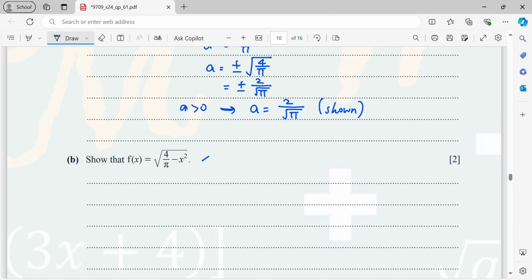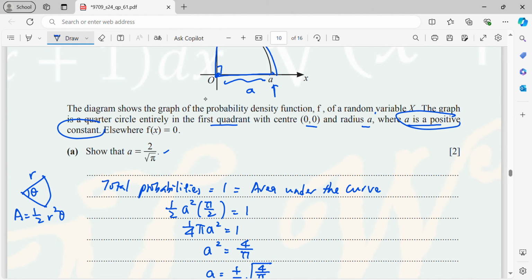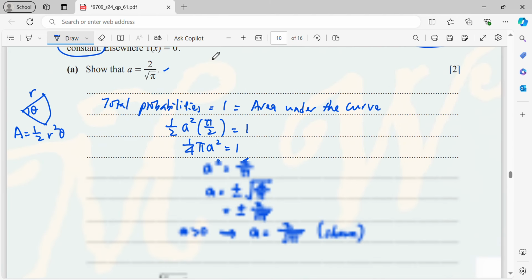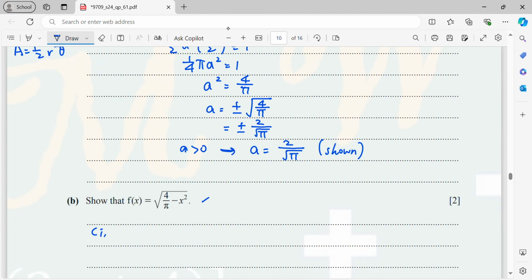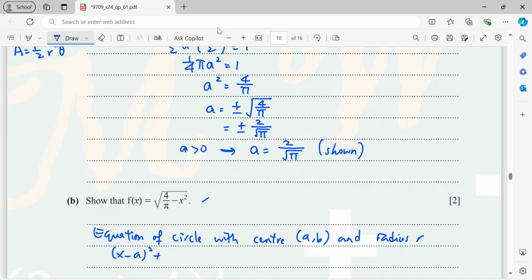Right, now since it is a quarter circle, for your information, the equation of a circle with center (a, b) and radius r is (x minus a) squared plus (y minus b) squared equals r squared.